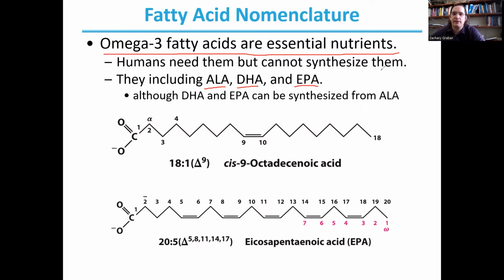We can't synthesize these, so we have to include them in our diets. So what do we mean when we refer to omega-3 fatty acids? Well, that, of course, is referring to that omega numbering. So something like our oleic acid shown here is not an omega-3 fatty acid because it has an omega-9 double bond, as we saw with our earlier numbering.